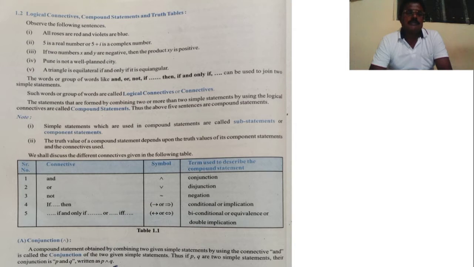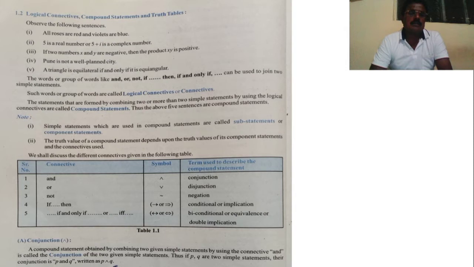Observe the following sentences. All roses are red and violets are blue. We have two simple statements, and for these two simple statements we get the compound statement. The first simple statement we write as P: all roses are red.